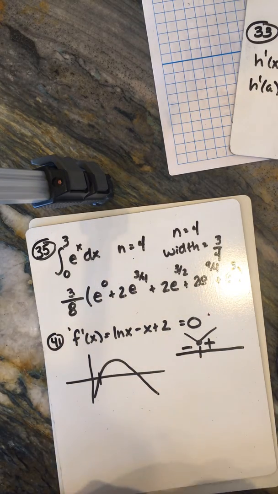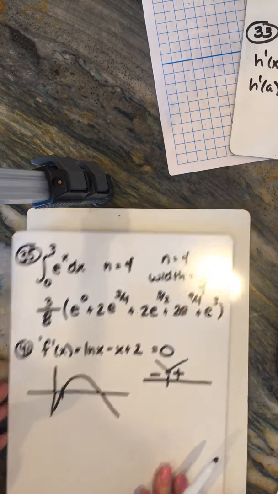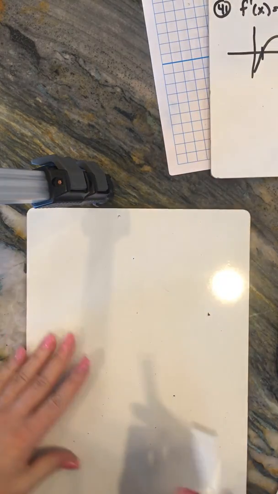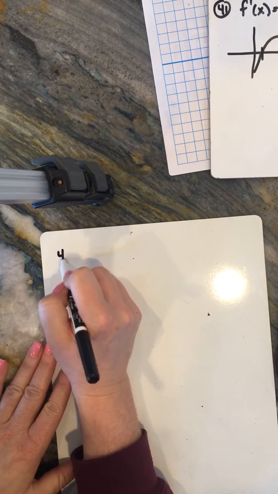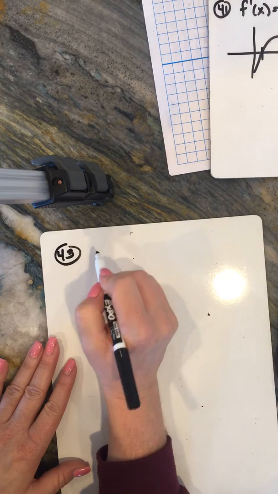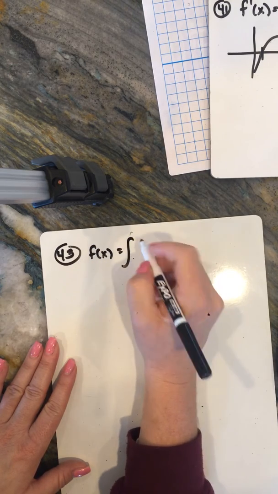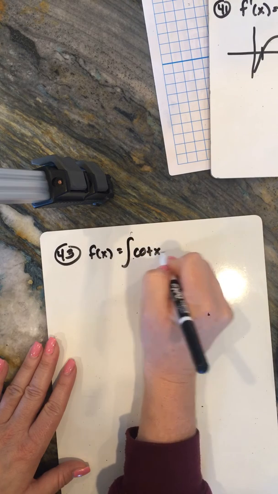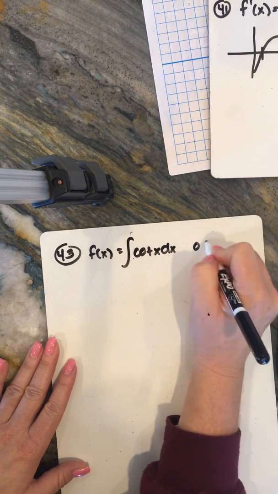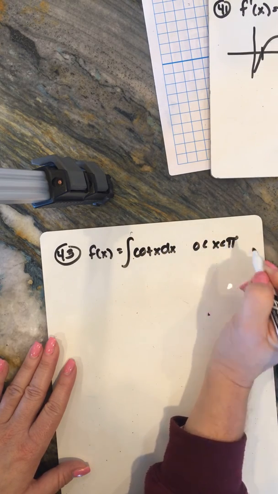And then we've got number 43. So let's do, oh, this will be the last question on this segment. Number 43, we've got f of x equals the integral of the cotangent of x dx from 0 to pi.